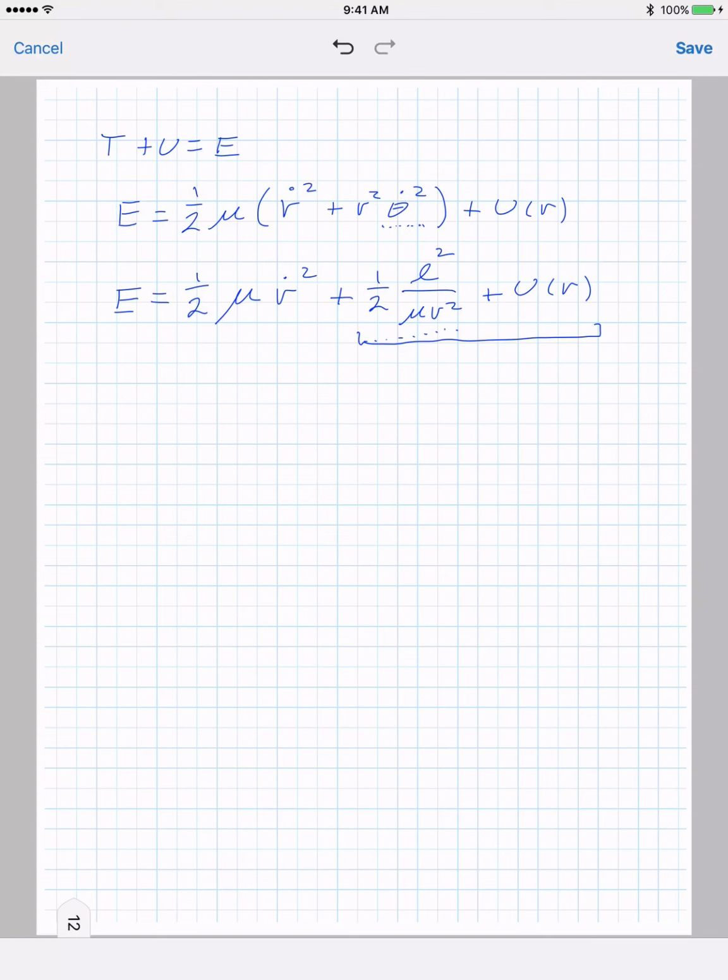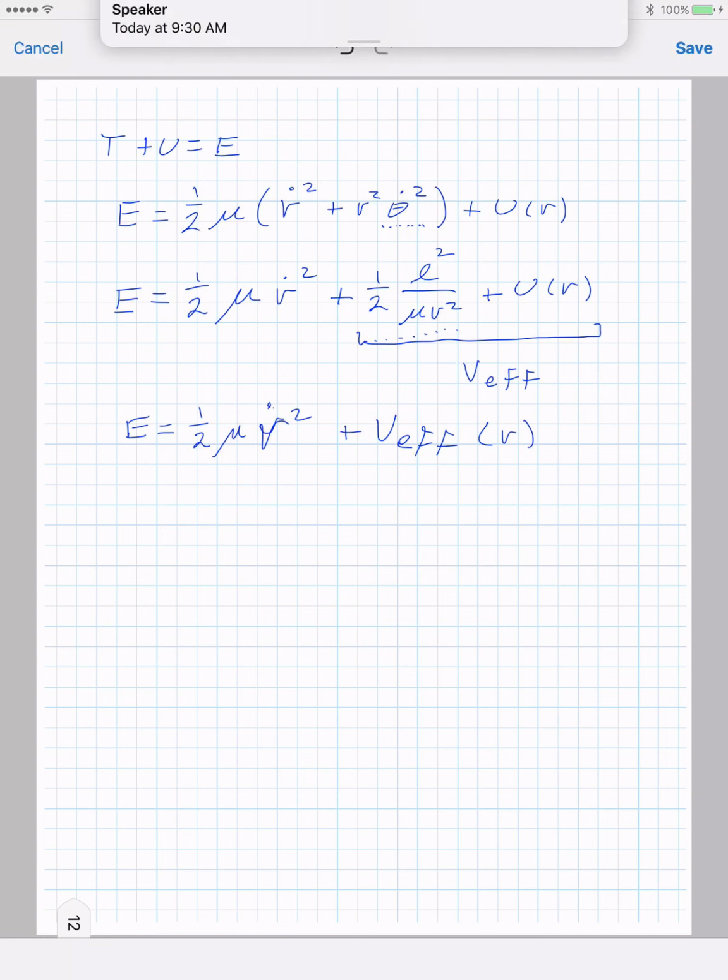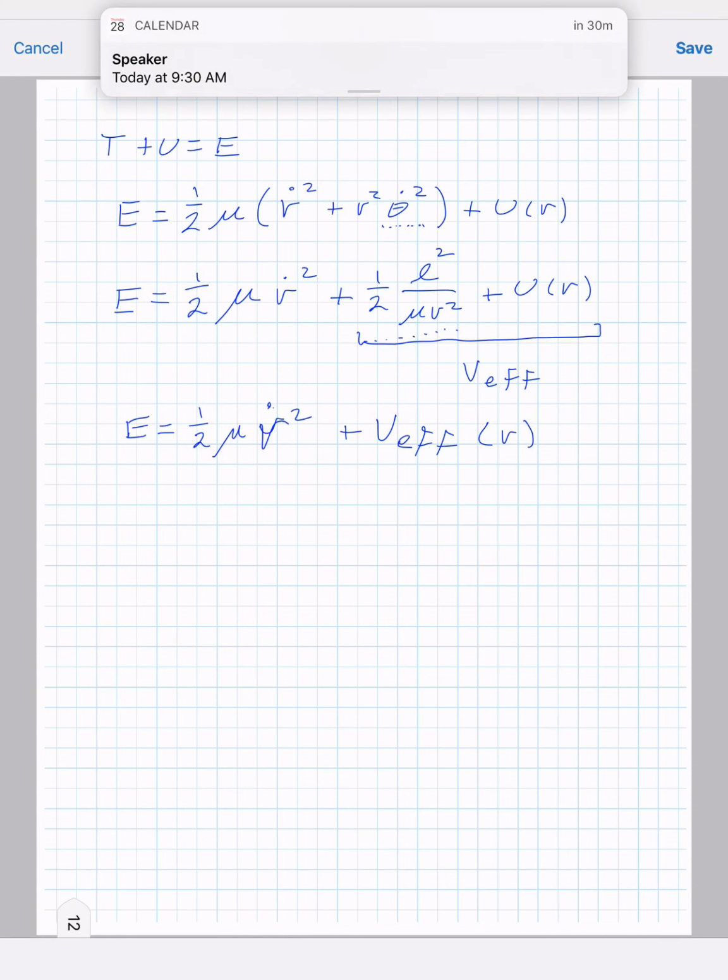So we're going to call this V effective. Let me rewrite it one final time, so that the total energy is equal to 1/2 mu r dot squared, plus V effective, which is only a function of the magnitude of r.